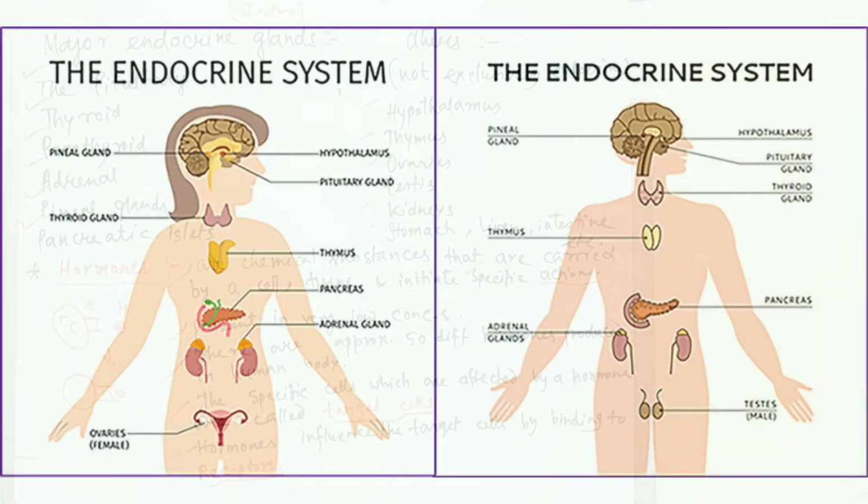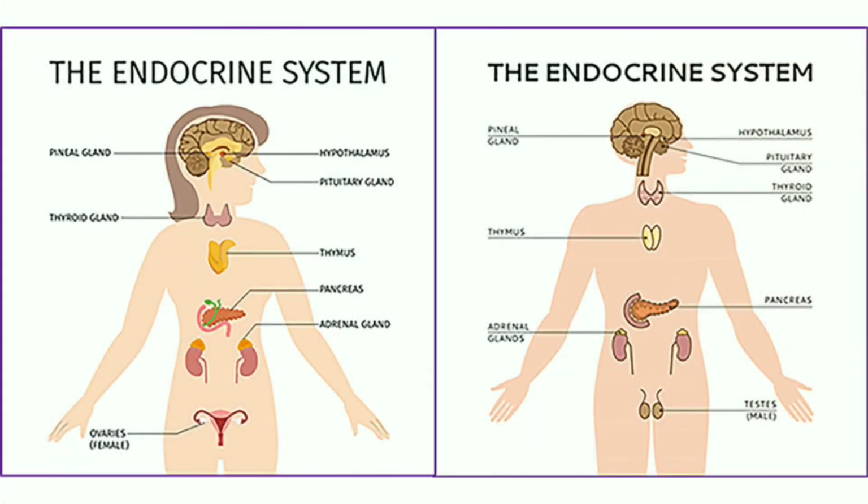Now in this diagram we can easily see the positions of the major and minor endocrine glands. The hypothalamus, the pituitary, as well as the pineal gland are all located in the brain. We can see the thyroid and parathyroid, which are embedded in the thyroid gland, in the throat region, whereas below this there is the thymus.